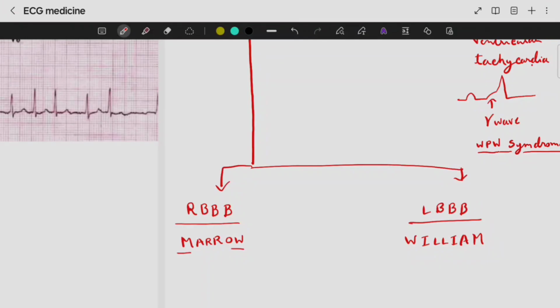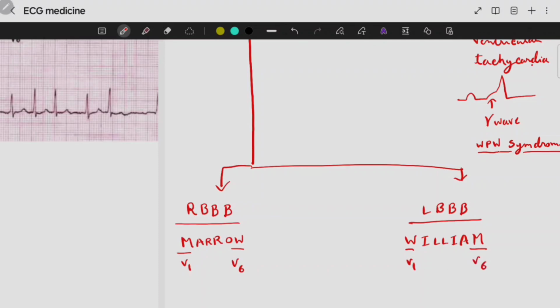So what do the mnemonics Marrow and William define? To diagnose right bundle branch block or left bundle branch block, you have to see two leads, V1 and V6.